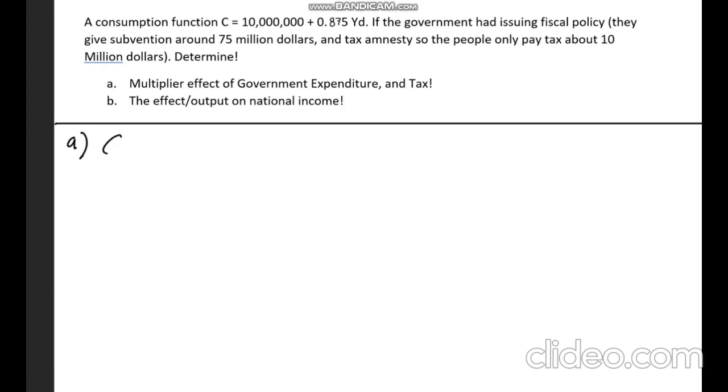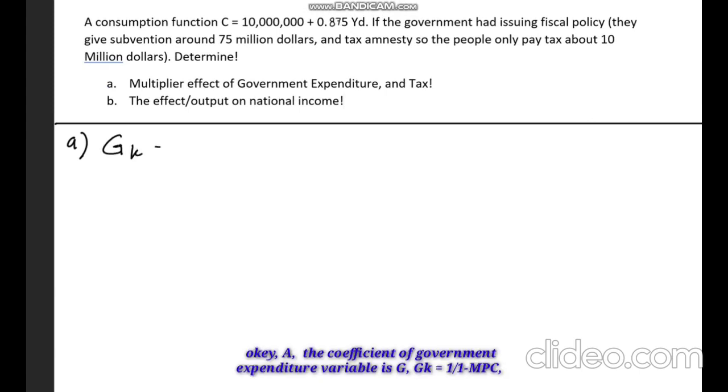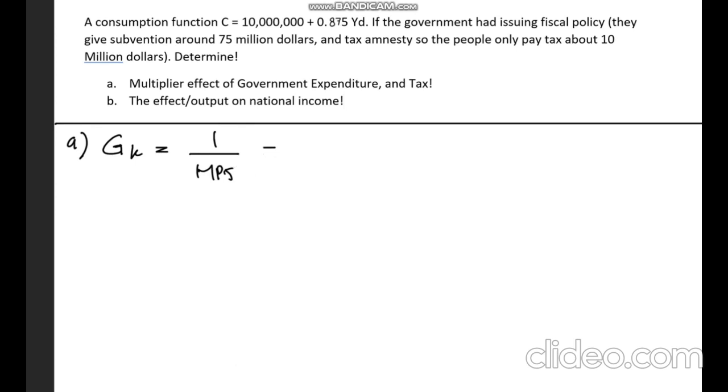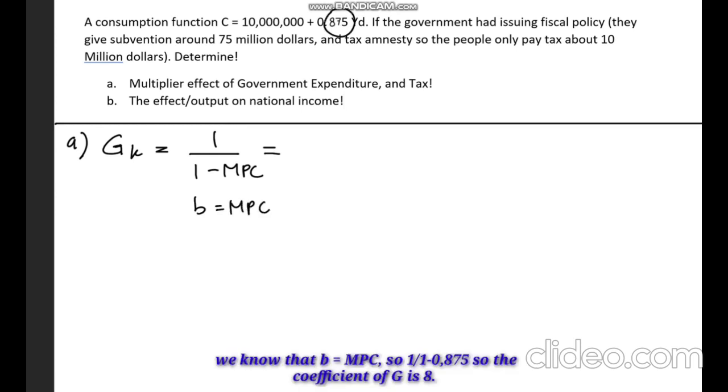So let's do it. Okay. A. The coefficient of the government expenditure variable is G, which means GK equals 1 divided by 1 minus MPC. We know that b equals MPC, so 1 divided by 1 minus 0.875, so the coefficient of G is 8.